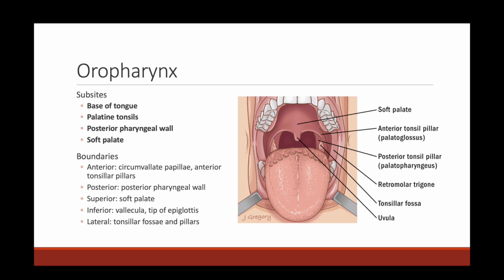However, if the tumor is spreading to any of the central structures like the soft palate or the base of the tongue, these are vascularized bilaterally, and so they tend to drain bilaterally as well. So even if it looks like it's a very lateral base of tongue tumor or a very lateral soft palate tumor, they can drain to both sides of the neck. And so for those, it's really important to cover both sides of the neck.